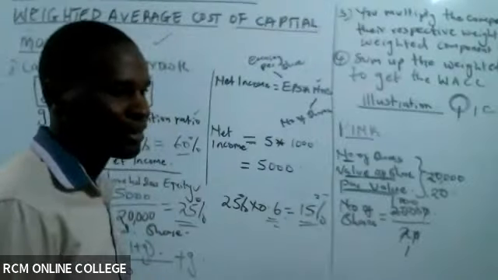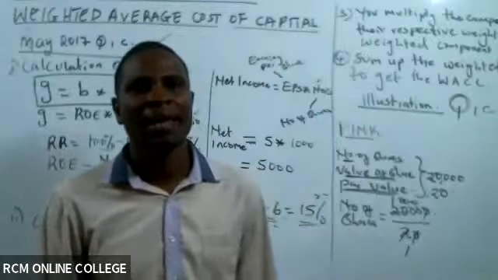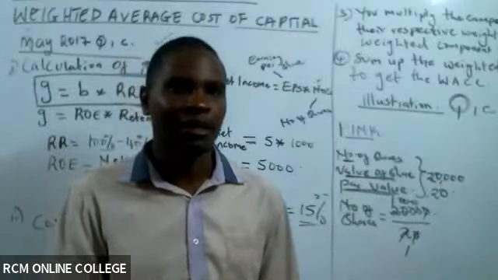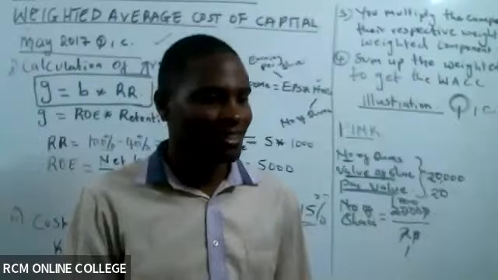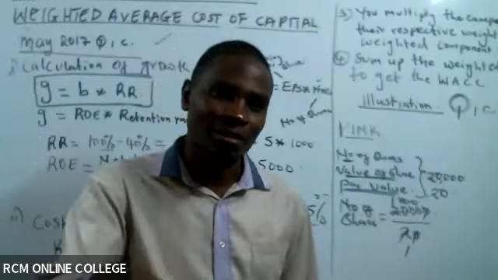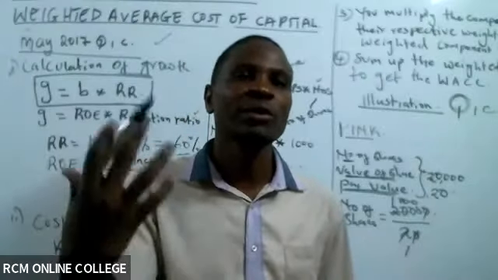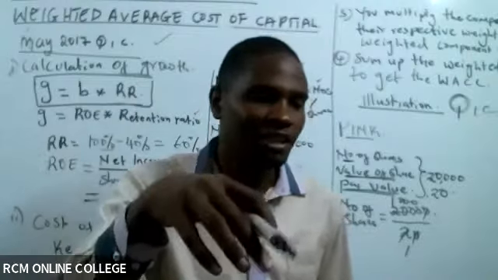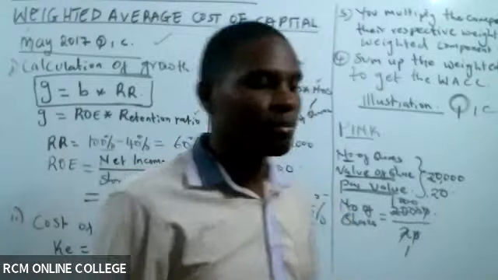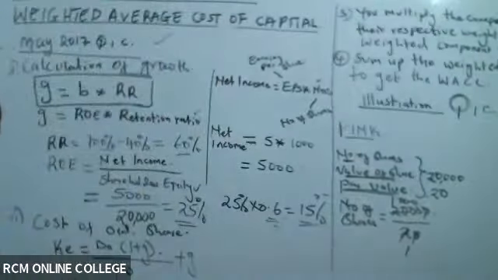What do you think we shall do to get it? We have the earning per share, times the payout ratio. Simple, as simple as that. So to get the current dividend, when given the earning per share, you just take the earning per share times the payout ratio.